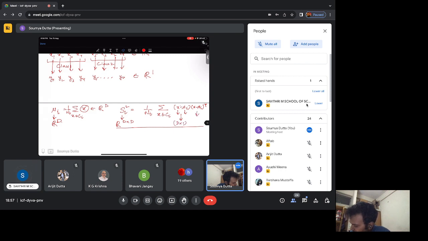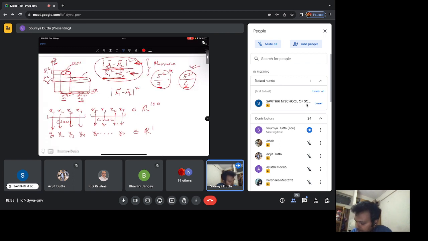Once you take a transpose of that, it becomes 1 cross D. When you multiply, you get a D cross D matrix, and you sum that for all the points belonging to a particular class, and you get the variance of that class. So now you know how to calculate mu I in the numerator, and you know how to calculate the denominator also.